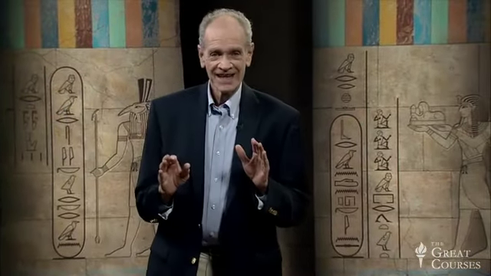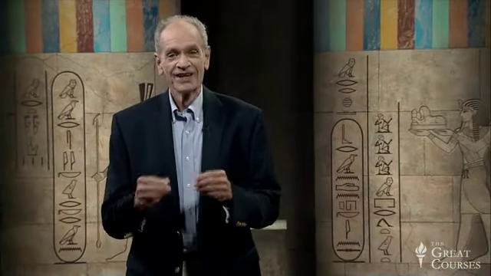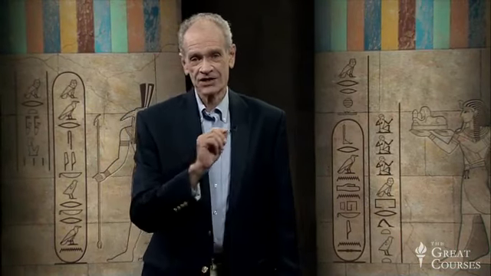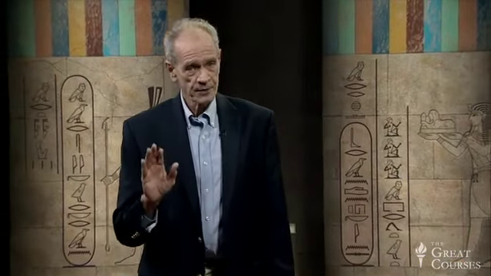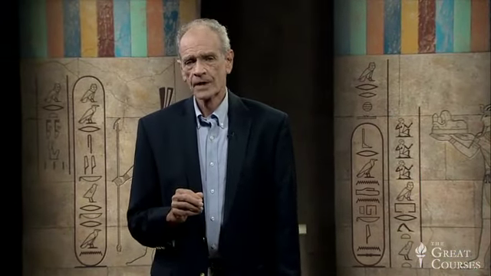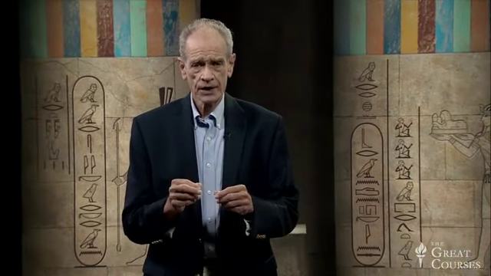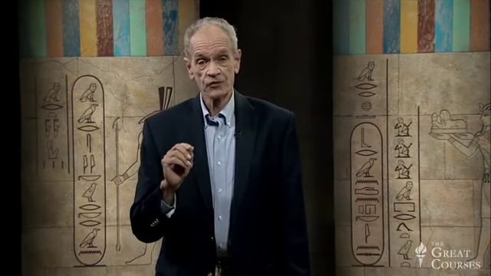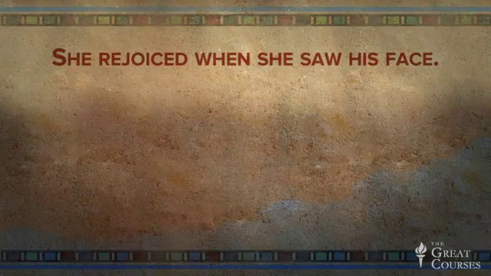With that said, let's go over our homework to make sure everyone understands the past tense and adjectives. We learned quite a bit last time. The first part of the homework dealt with past tense. Our first sentence was, she rejoiced when she saw his face.